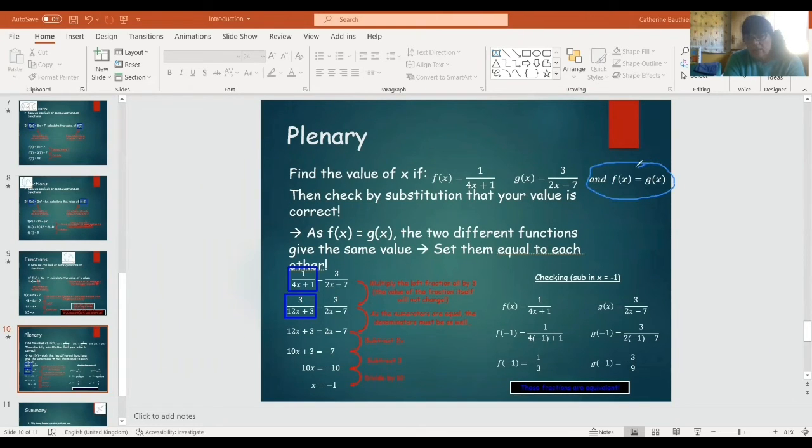And that, we can put a little star because this is very, very important. So if they've told us that, we're going to use that. So we're going to write the right-hand side of f of x, which is here, equal to the right-hand side of g of x. Okay. And to do that, we've done it over here. So you get 1 is equal to 4x plus 1.